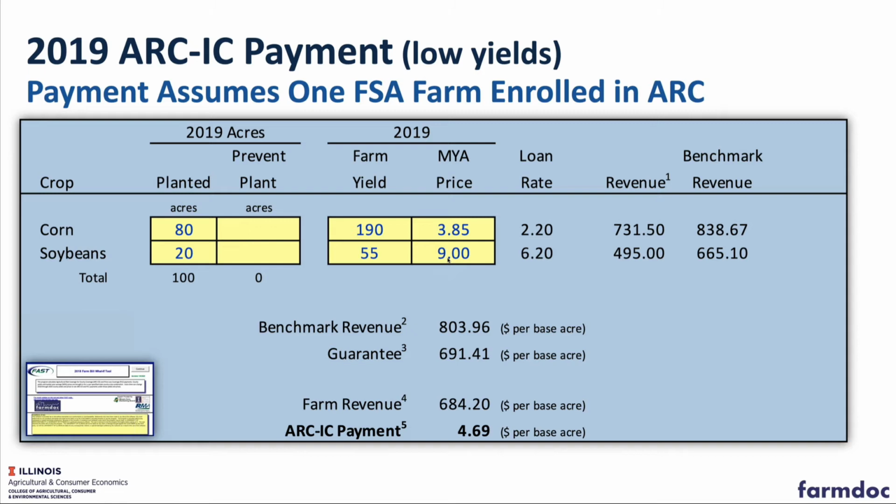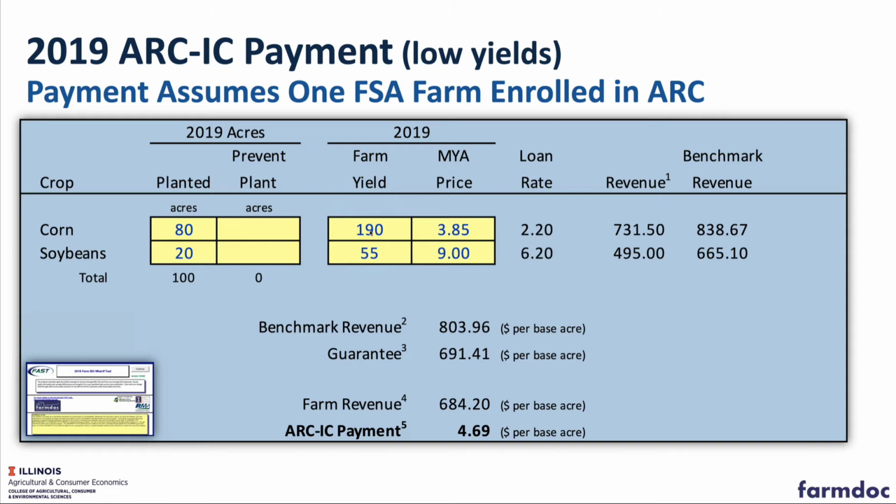Which is why I think we're saying that it's worth looking into for 100% prevent plant, but really, it's a fairly narrow set of farms in which you're going to have this option make sense. Not that you shouldn't explore it, but just keep in mind that you should temper your expectations around whether or not it's 100% prevent plant on that FSA farm.